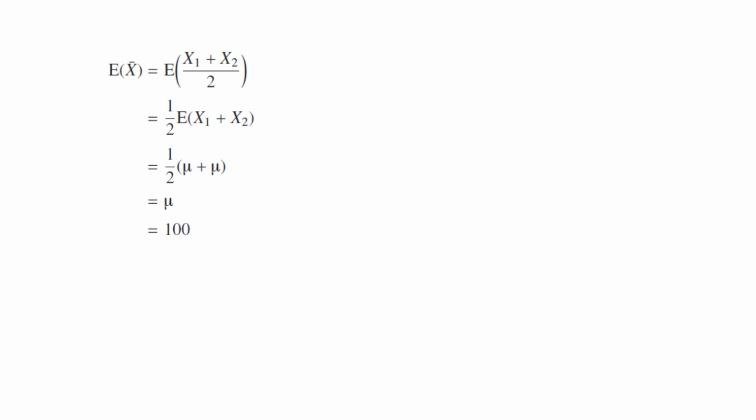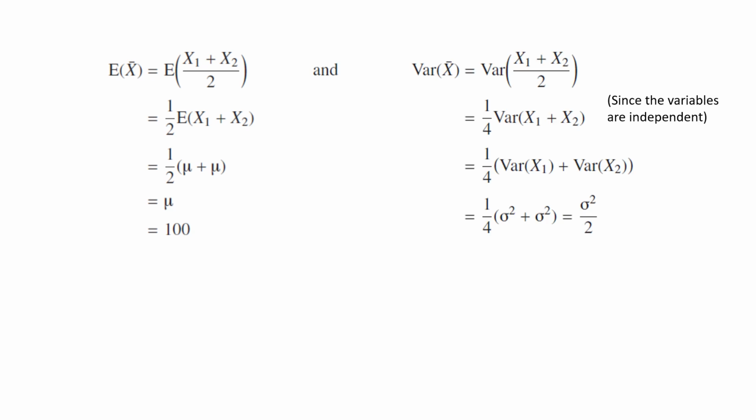And we can work out the expected value of this higher order random variable x bar. Drawing on a property that we've seen before, a half gets factored out the front. And of course, the expected value of x1 plus x2 is the expected value of x1 plus the expected value of x2, which we're going to rebadge as mu in each case, leading to an expected value of mu, which, as we know, is equal to 100. Now for variance, the variance of this higher order random variable x bar is the variance of x1 plus x2 over 2.